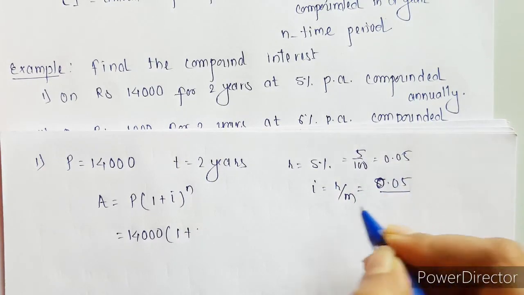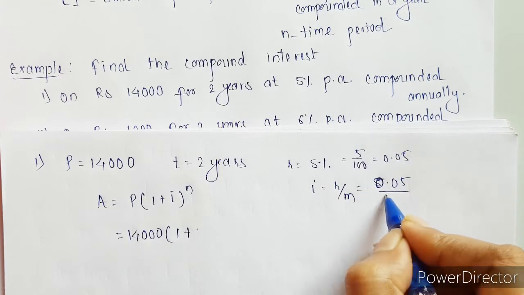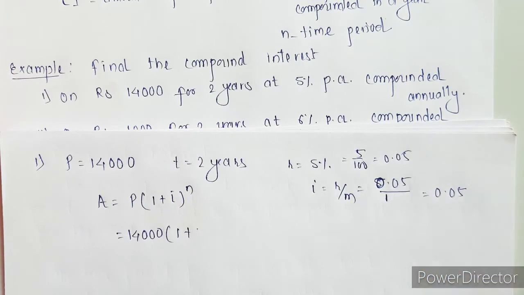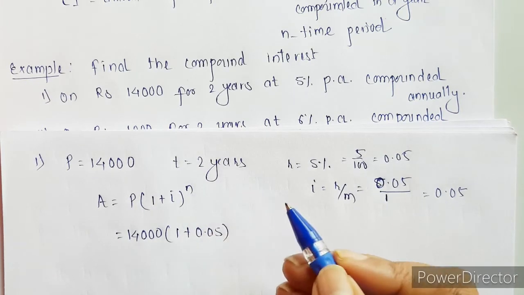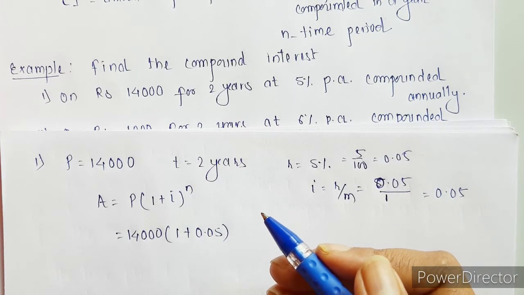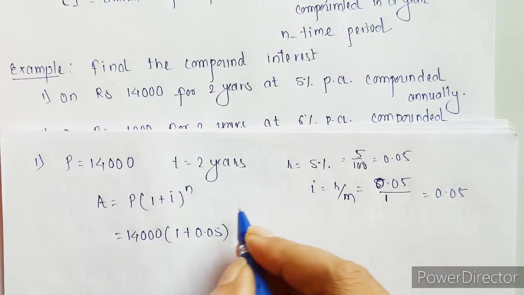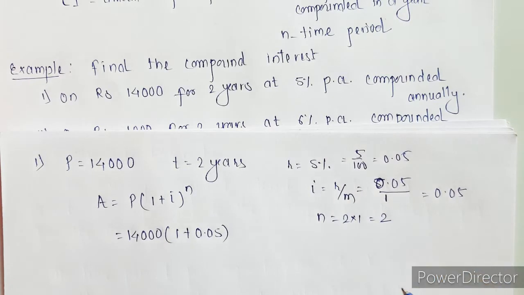What is m in this case? It is compounded annually, only one time, so m is 1. So i is 0.05, and it is compounded for 2 years. Since it is compounded annually, n will be 2 into 1, which is 2. So in 2 years it is going to compound only 2 times.